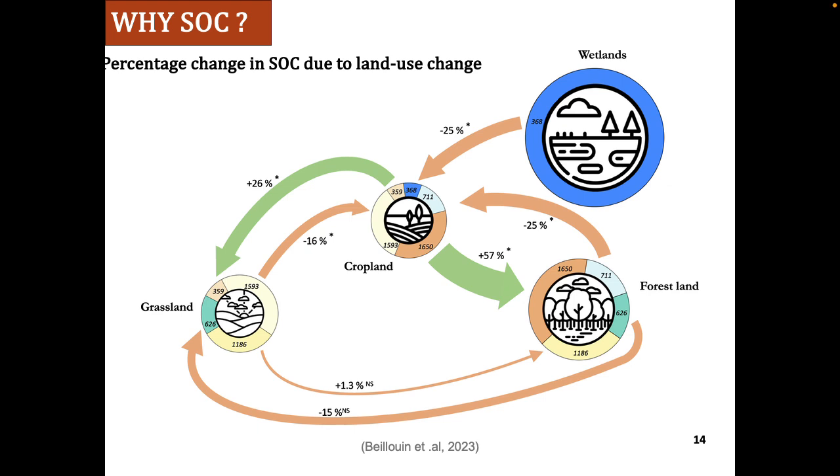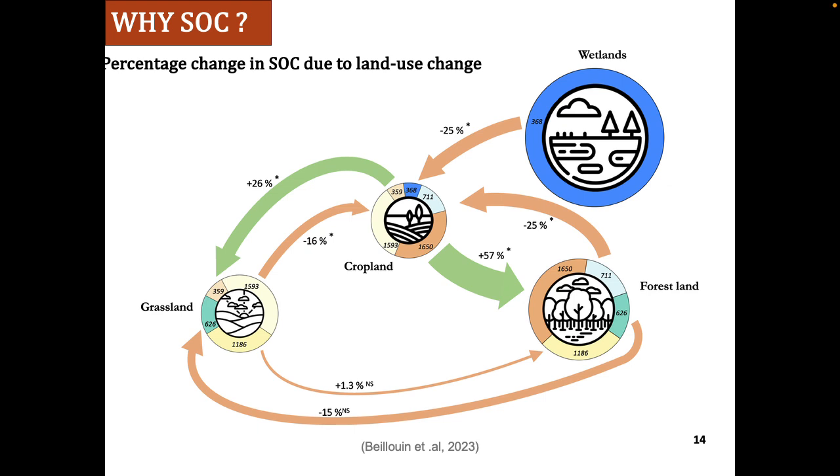As we see in this slide, it shows the variation of the percentage of change in soil organic carbon due to land use change. So we see, for example, grassland to forest land. We see that there is an increase of just 1% of the soil organic carbon.